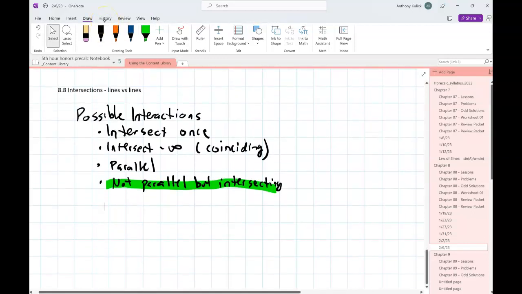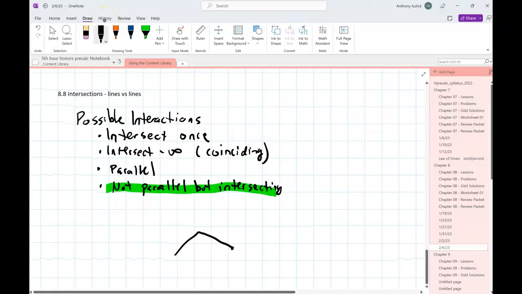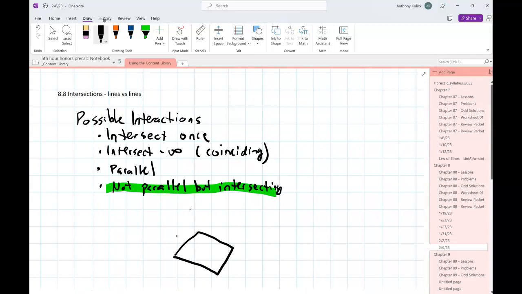Well, imagine we have two parallel planes. Like two sheets of paper in a stack where they're parallel, and there's no intersection between those two planes.